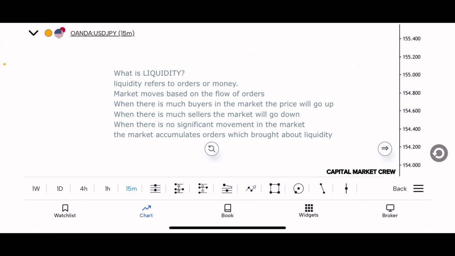As we all know, the bigger players need liquidity to execute their orders. They need large amounts of liquidity to execute their orders in the market. So in this video, I'm going to show you guys how to trade with liquidity and avoid liquidity traps.